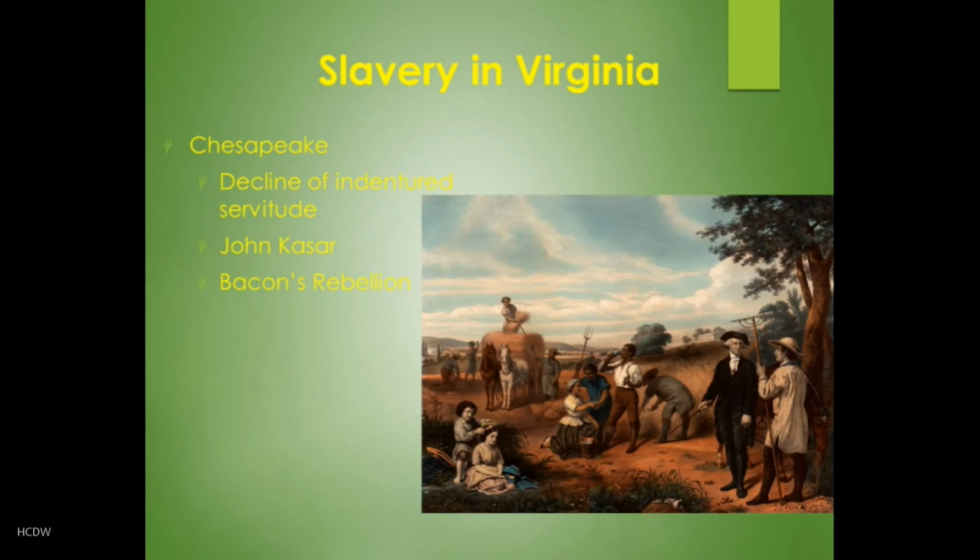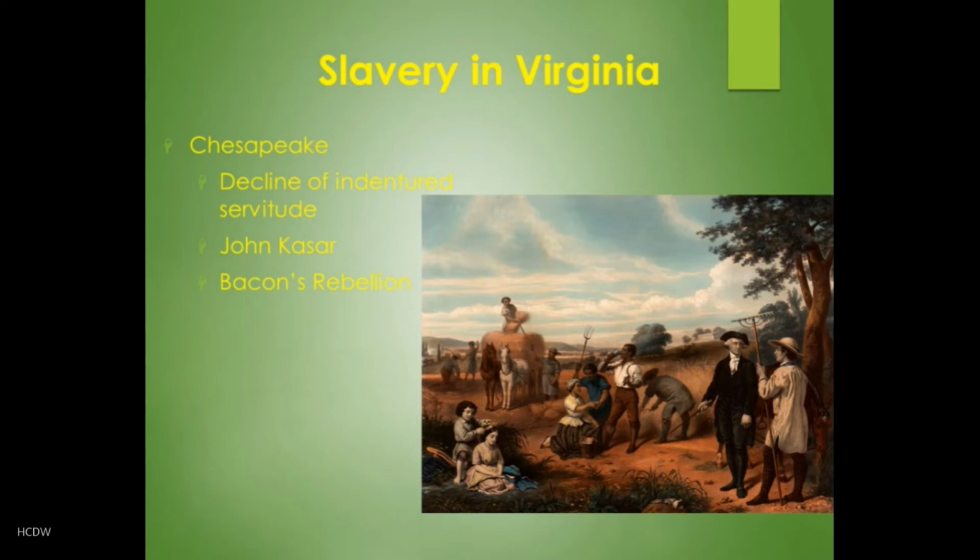So we're going to start with Virginia and that Chesapeake region I showed you on the previous map. And slavery in Virginia really began to escalate in the 1660s. Up to that point, Virginia had used mostly white indentured servants from England, but we see a combination of factors that begins to lead to a preponderance of African slaves.